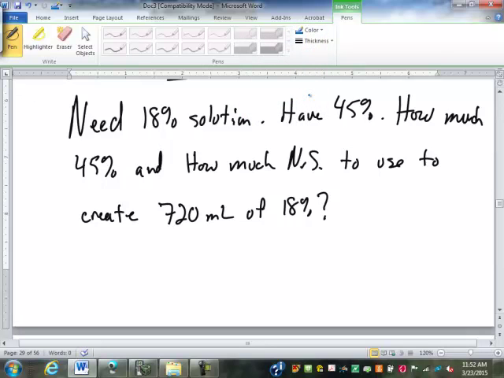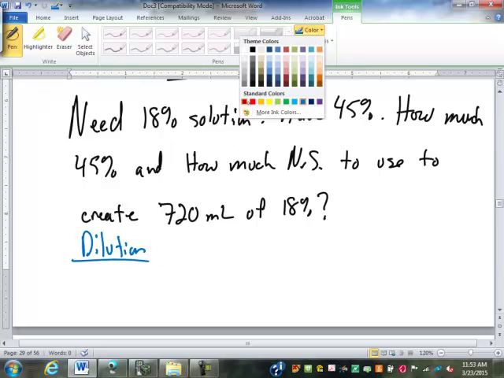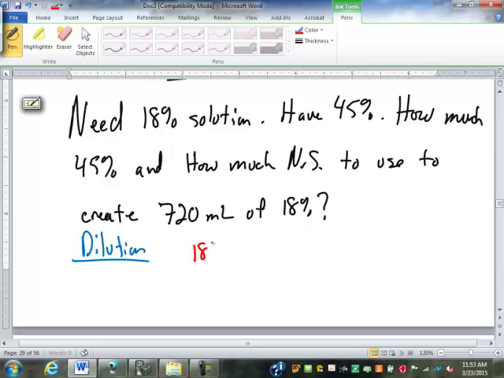So again, our first step is going to be to figure out what the dilution is. And our dilution, when we're adjusting the percents, we have a diluted percent of 18%, concentrated percent of 45%. Both of those, cancel the percent, can be divided by 9. Gives us a 2 in 5 dilution.